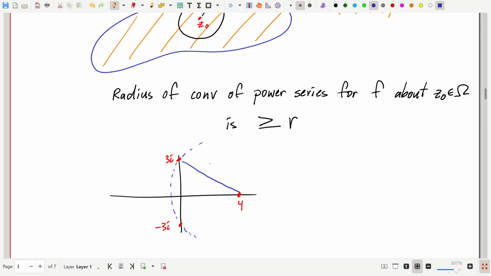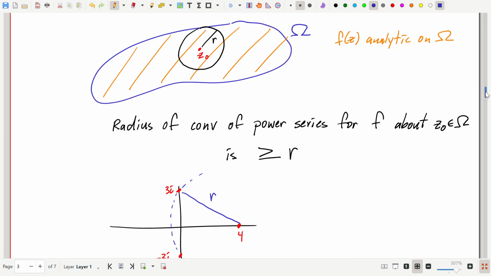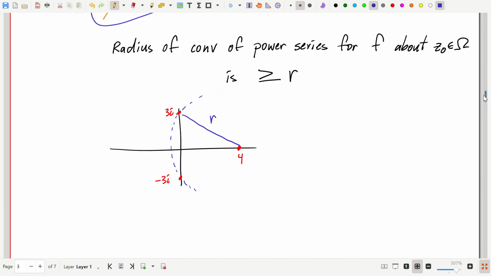Let's call that distance R. That R is the square root of 3 squared plus 4 squared. Is this a 3, 4, 5 triangle?